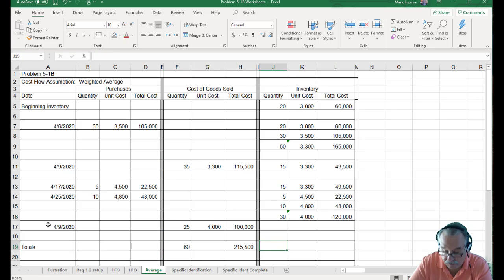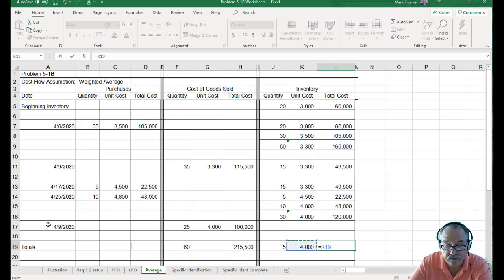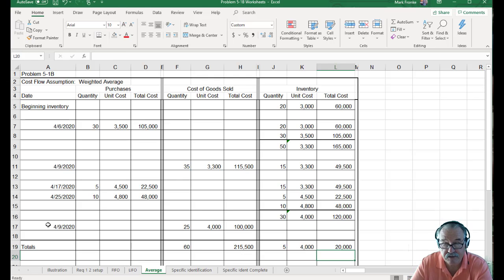And in stock at the end is 5 at the $4,000 level. That's our average cost, which means that our ending inventory is $20,000 or 5 units.